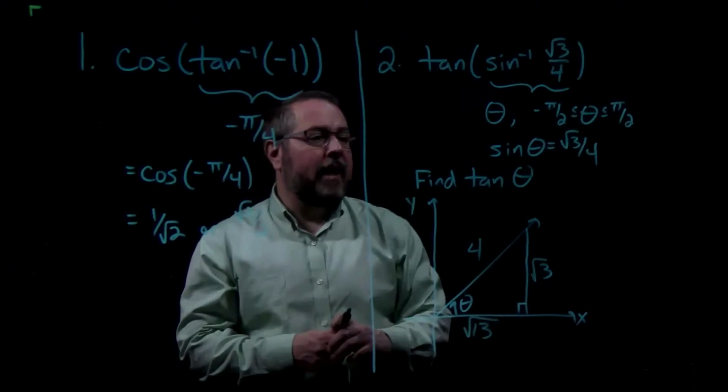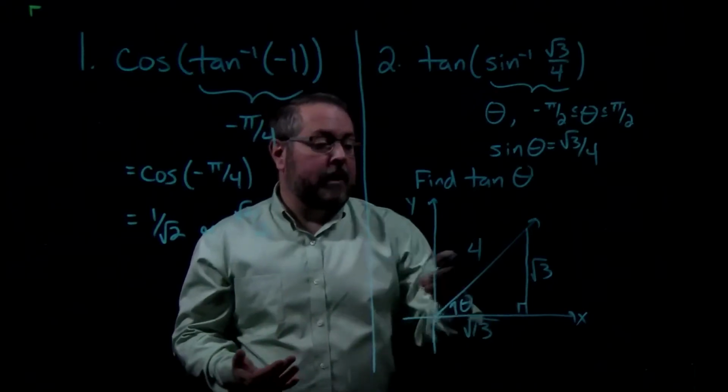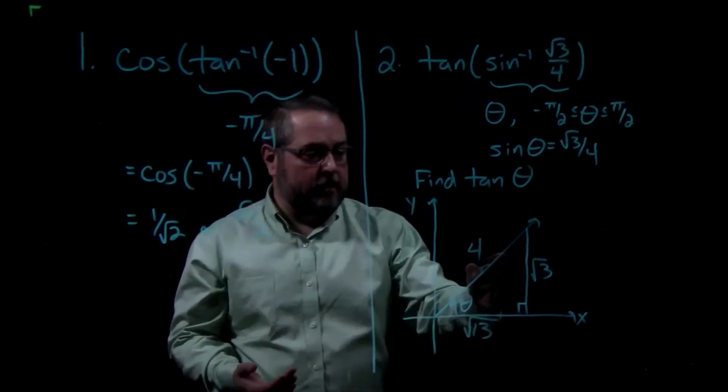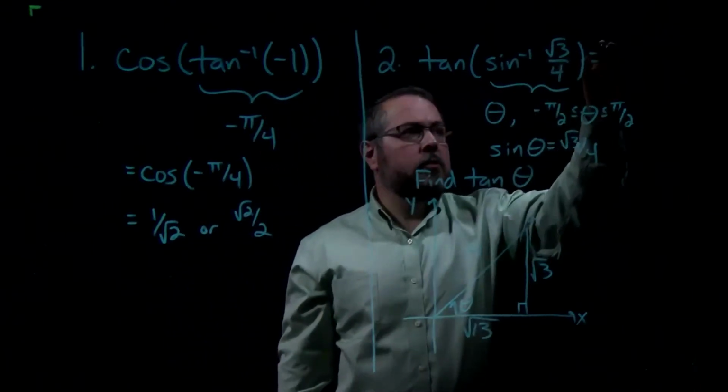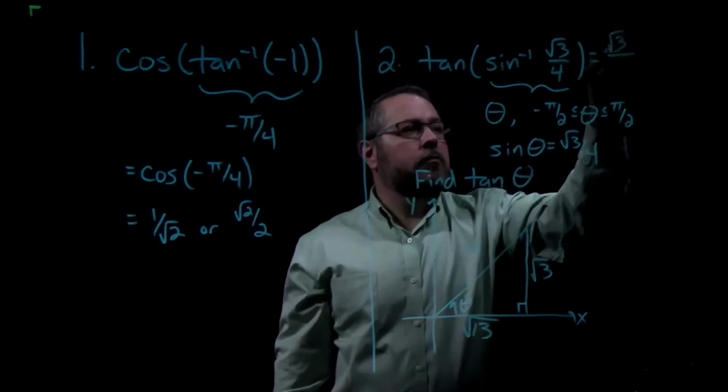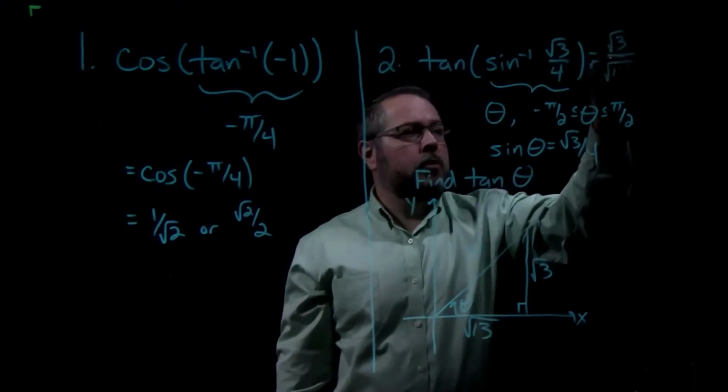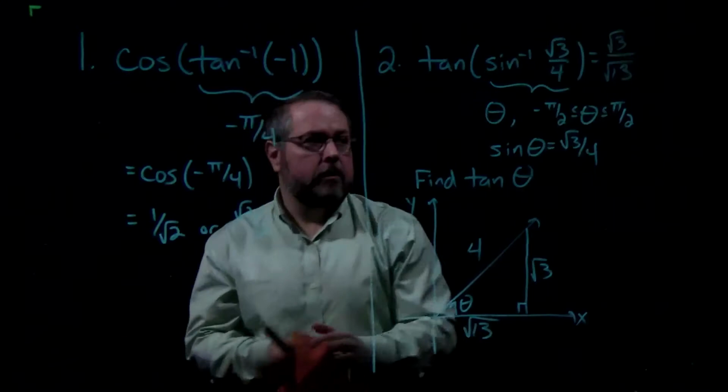Now what we're trying to find is the tangent of that angle. We have all three sides of our right triangle labeled, so the tangent would be √3 over √13.